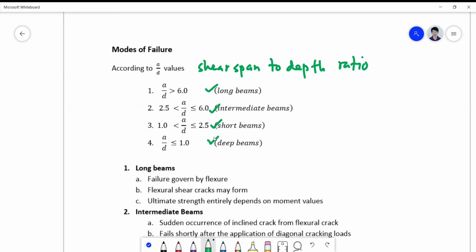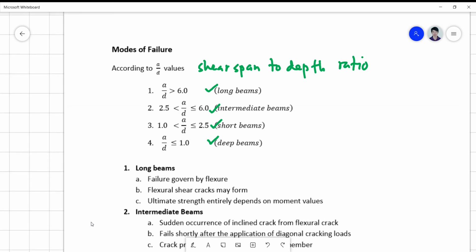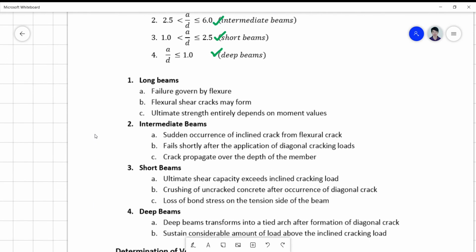So this is now our guide to categorize what type of beam you are analyzing in terms of the A over D ratio. So what is a long beam, intermediate beam, short beam, and deep beam?